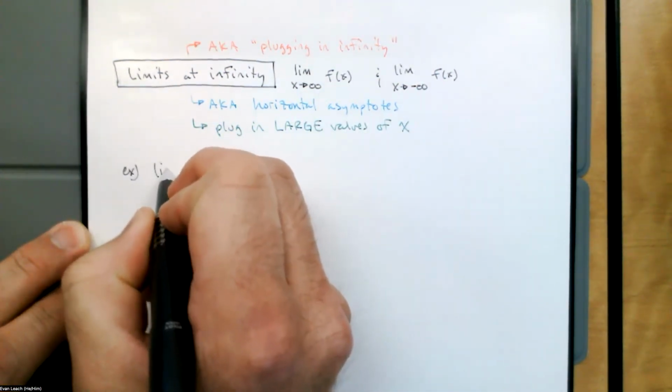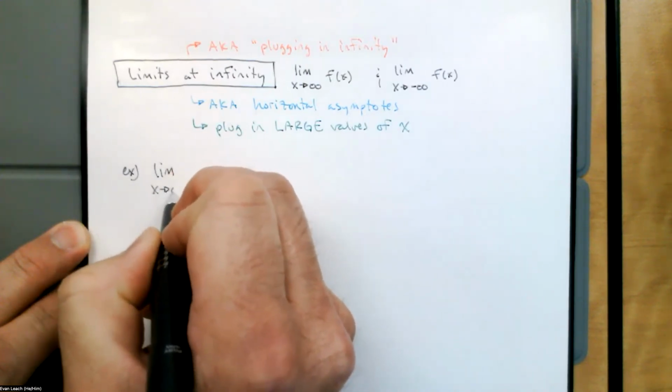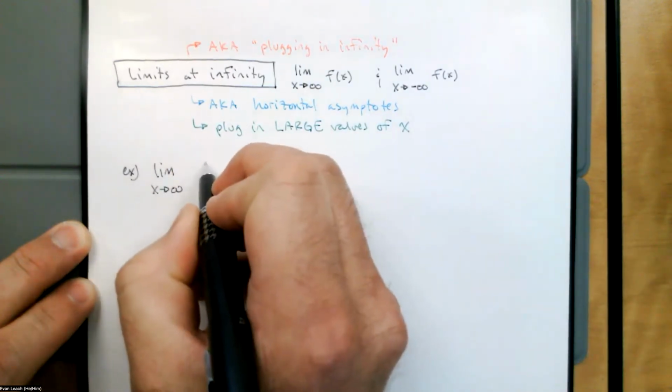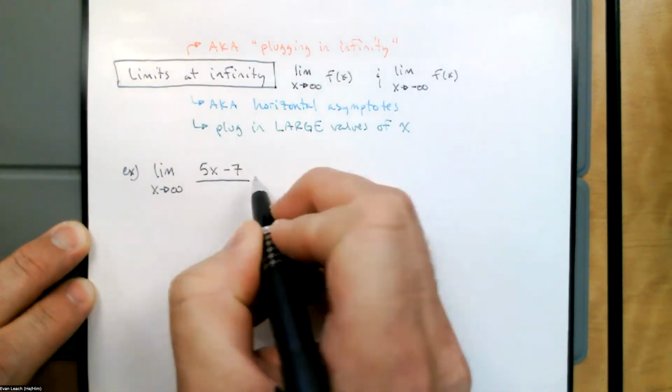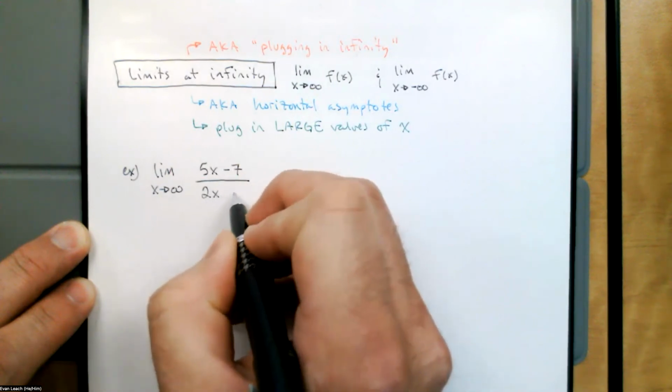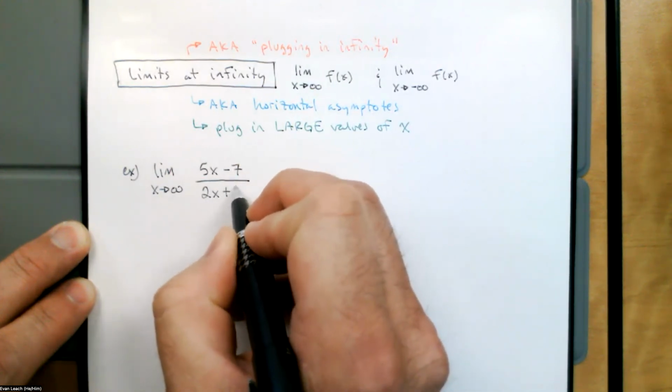Let's think about the limit as x goes to infinity of 5x minus 7 over 2x plus 3.